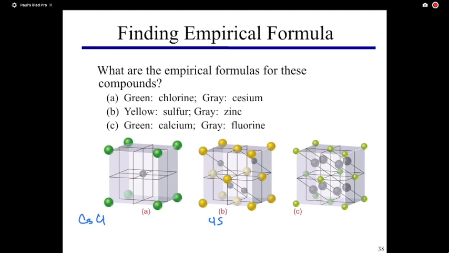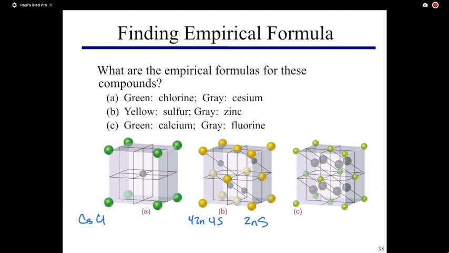So I get 4 sulfurs. How many zincs? There are 4 zincs. All of them are inside. So what is the empirical formula? Okay, the ratio is 1:1.